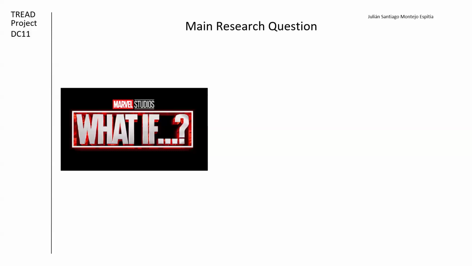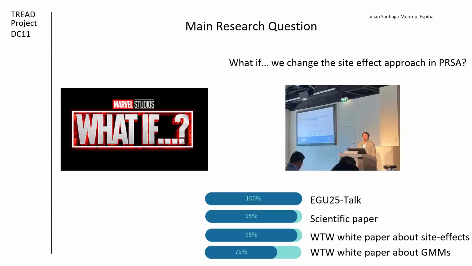What if we change something in hazard and then we test it in risk, like the Marvel comic series. As the next step, we tested what if we change the site effect approaches in probabilistic seismic risk assessment.